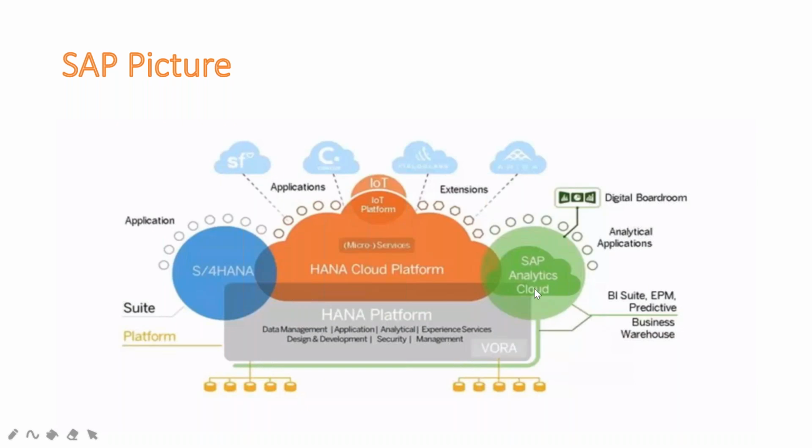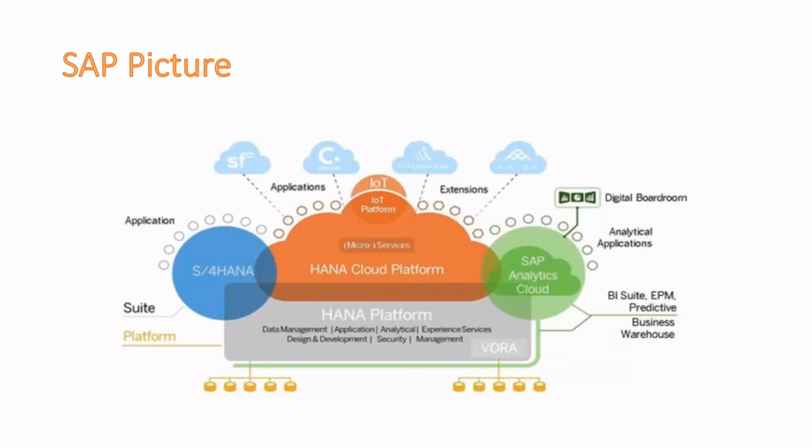All of these are now connected with SAP Analytics Cloud, where you can do all the intelligence, planning and predictive aspects. S4HANA is a suite where you can perform all ERP operations, and SAP Analytics Cloud is a suite where you can do end-to-end analytics. This is the big picture of SAP's future.